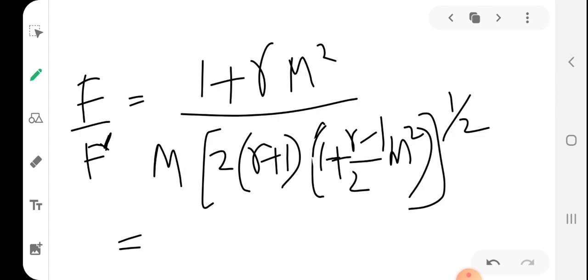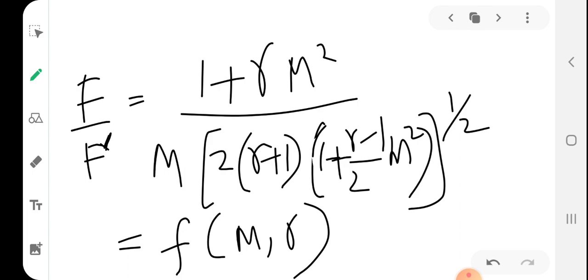Just understand this is a function of Mach number and gamma only. If you know the Mach number and gamma, you can find F by F star from the table. Don't worry, it is already tabulated, so you don't need to substitute values in this equation. Try to understand that.